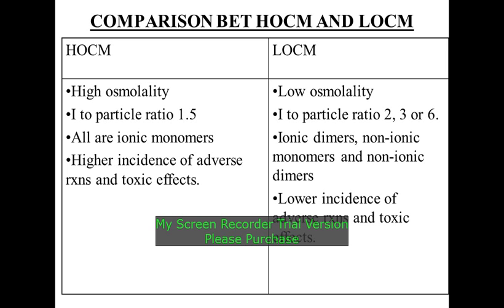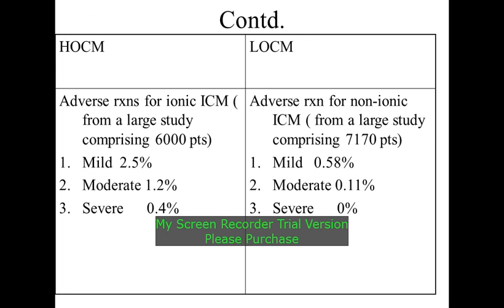HOCM are all ionic monomers, and LOCM are ionic dimers, non-ionic monomers, and non-ionic dimers. High osmolar contrast media have higher incidence of adverse reactions and toxic effects, whereas low osmolar contrast media have lower incidence of adverse reactions and toxic effects.